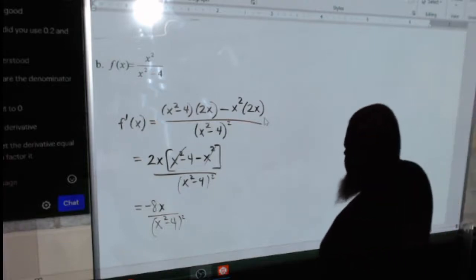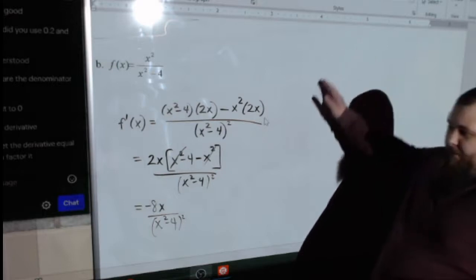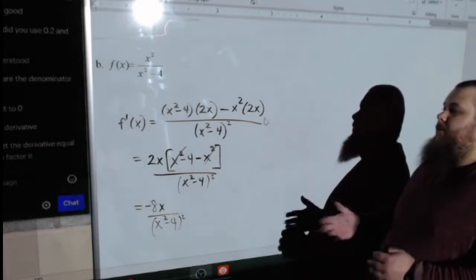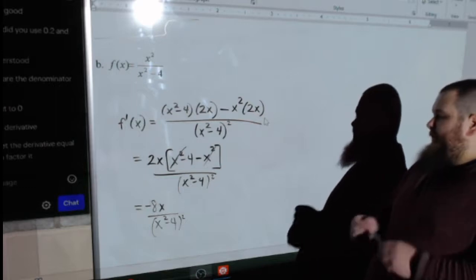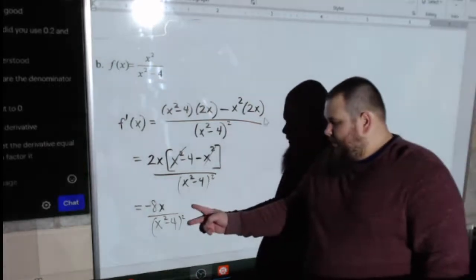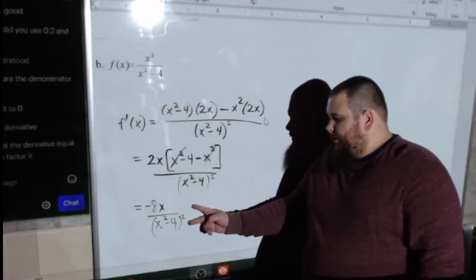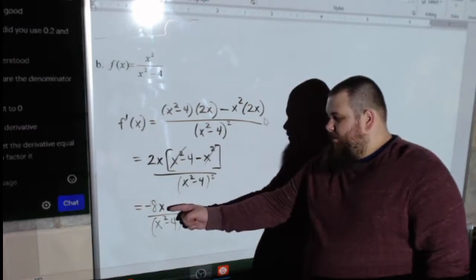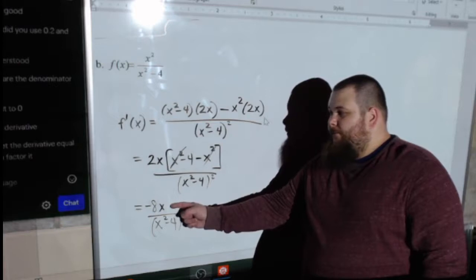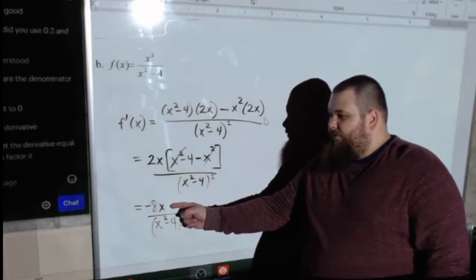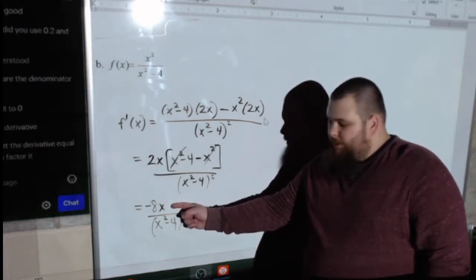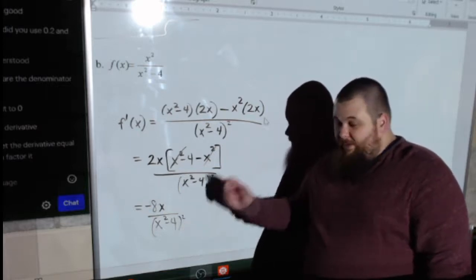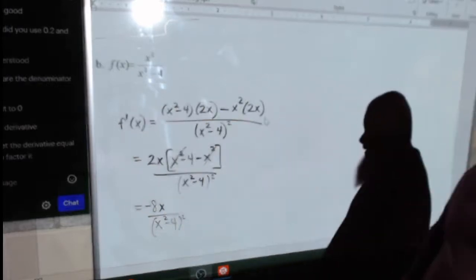So the reason I asked is most of the problems that we do, we always set the derivative to 0. However, because this is a quotient, when we set the derivative to 0, that's really just saying when's the numerator 0. However, critical numbers also occur when the denominator is 0, because we can also have undefined.